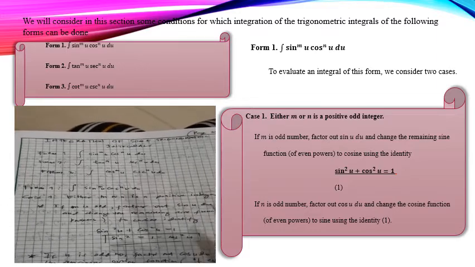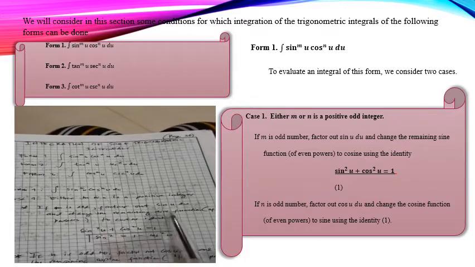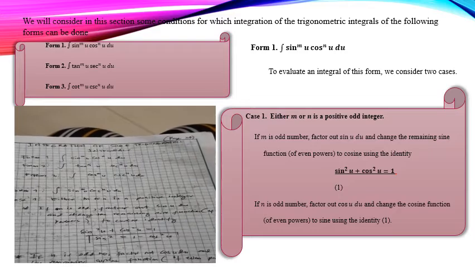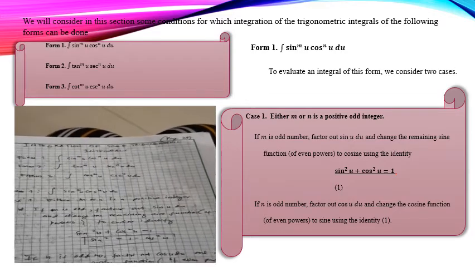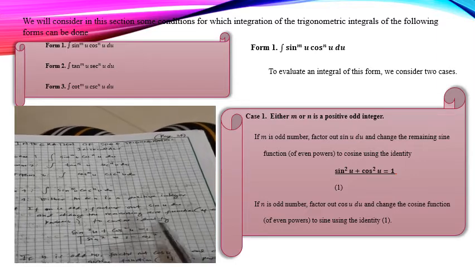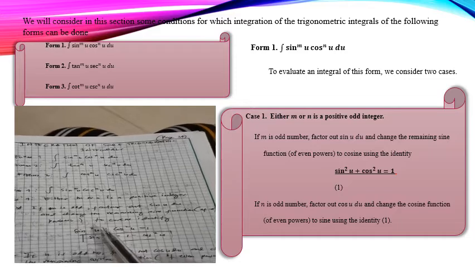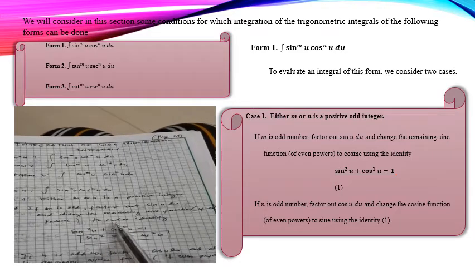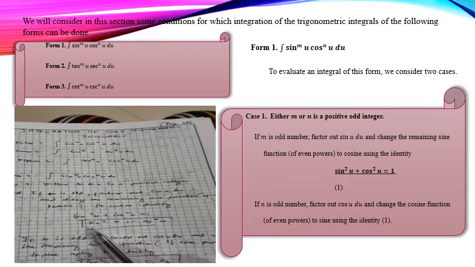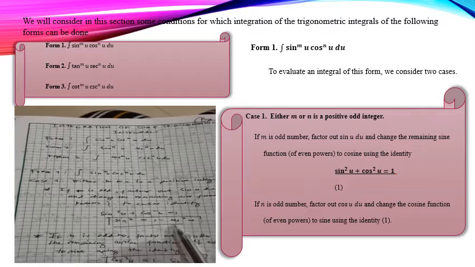Babawasan ninyo ng isang factor si sine and then after that, yung remaining na sine function, kasi odd nga yun, pag nabawasan na ng isa, let's say sine cube, pag binawasan si sine cube ng isa, sine squared na lang. So yung remaining na sine function na naging even na yung power niya is i-change natin siya into a cosine function using the identity sine squared u is equal to 1 minus cosine squared u.